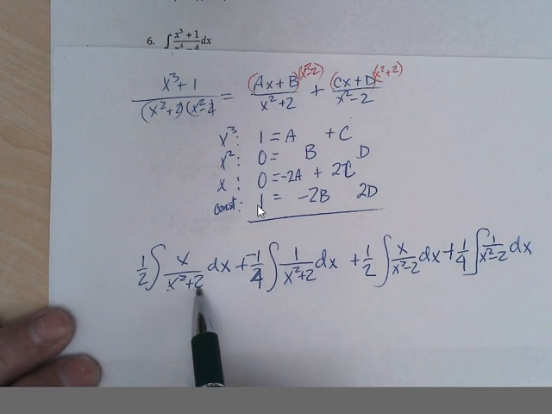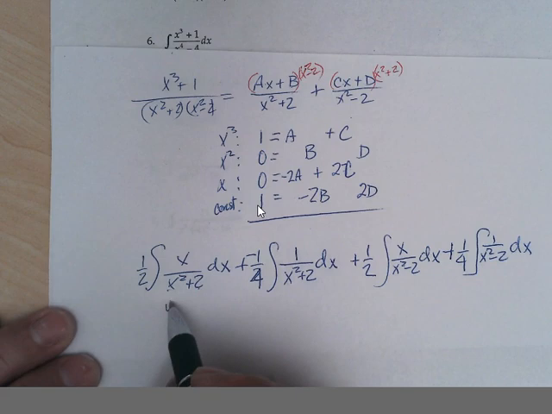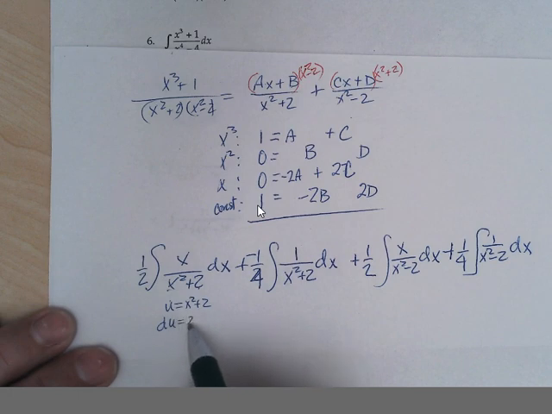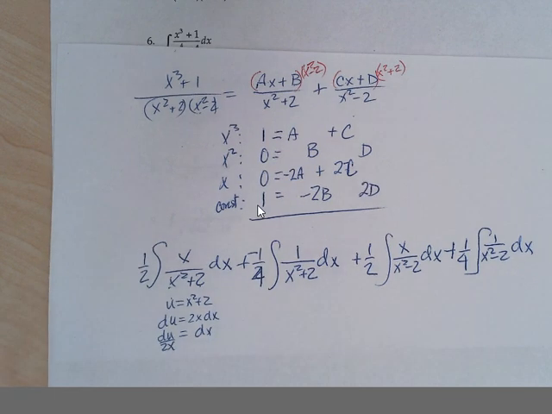substitution will do this one, because we'll get a 2x when we let u equals x squared plus 2, du will be 2x dx, and dx will be du over 2x. Oh my goodness. Excuse me.